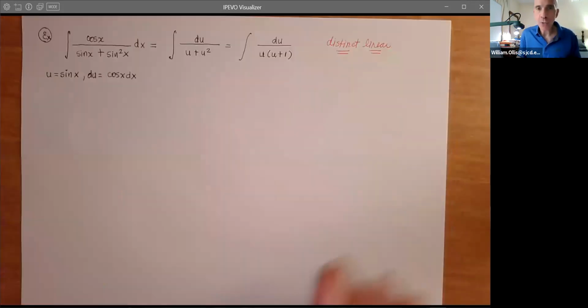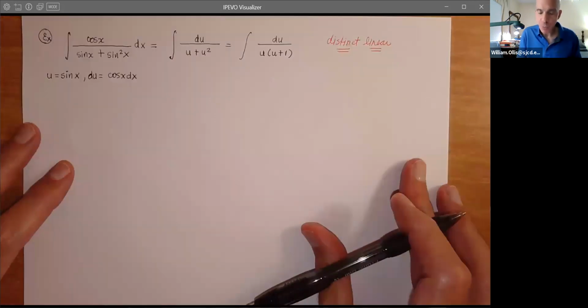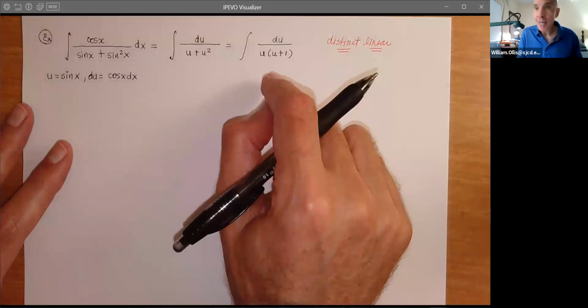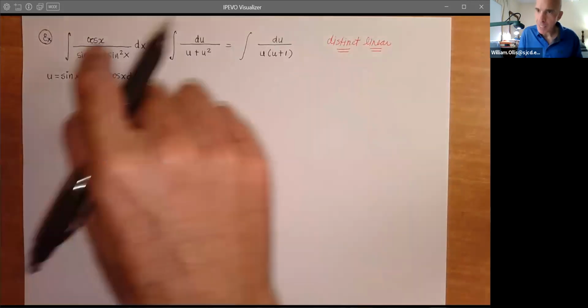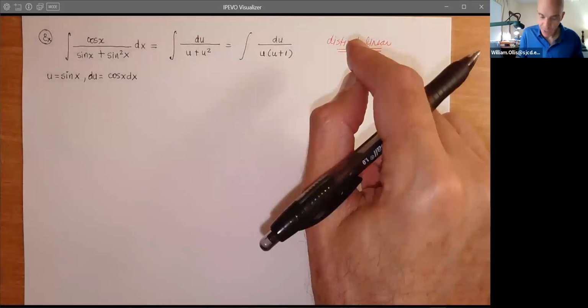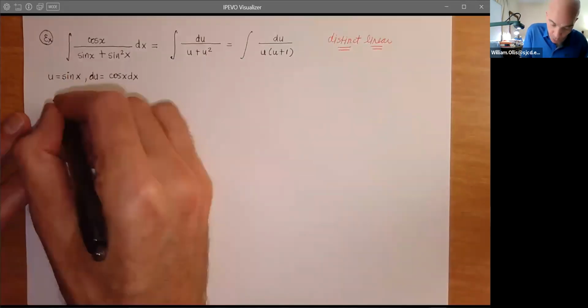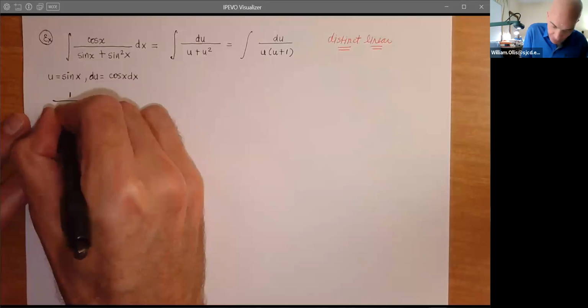So what we do, just like we did in the last problem, is we transform this to a rational expression, and then we can apply the decomposition to the rational expression. So we have 1 over u times u plus 1.